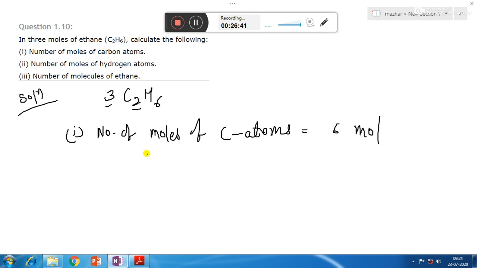Now number 2, number of moles of hydrogen atoms. So here we are having 3 into 6, that is 18 moles of hydrogen atoms. And number 3 is number of molecules of ethane.